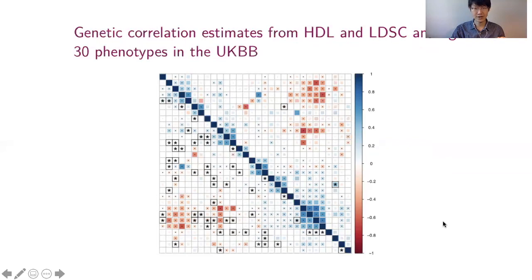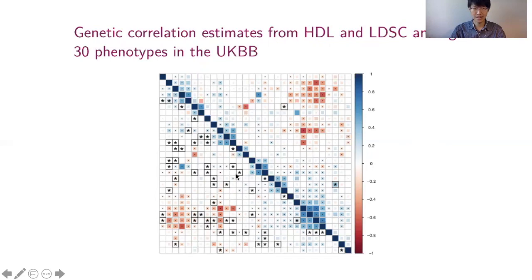Genetic correlations which are significant in both methods are marked with a dot, and those which are significant in only one method are marked with an asterisk and a black square.